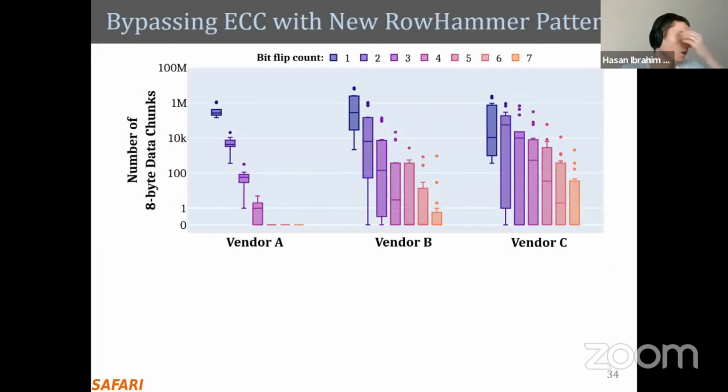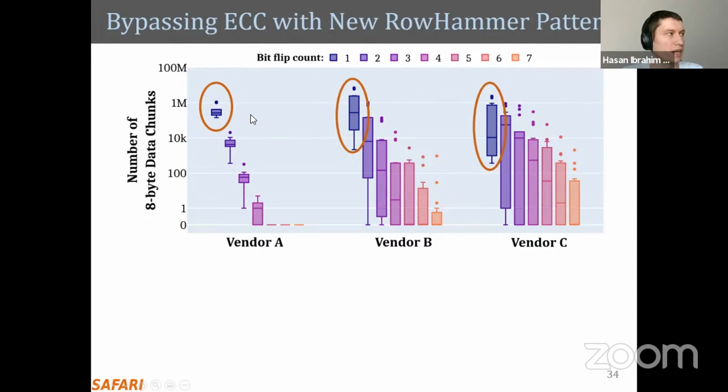Here are some results that show the number of bit flips our access patterns cause in a single 8-byte data chunk. On the x-axis, we show the data collected from modules from different vendors A, B, C, and the y-axis is the number of 8-byte data chunks with 1, 2, 3, up to 7 bit flips.